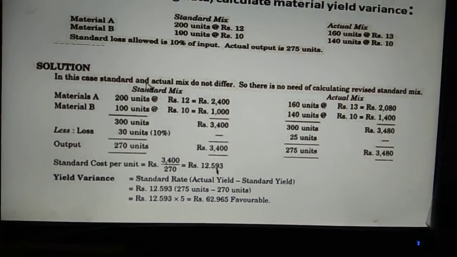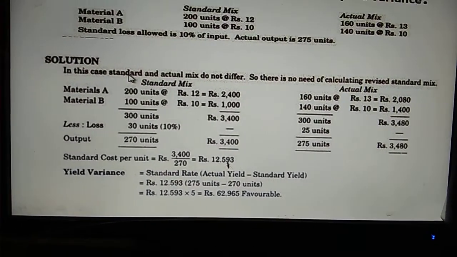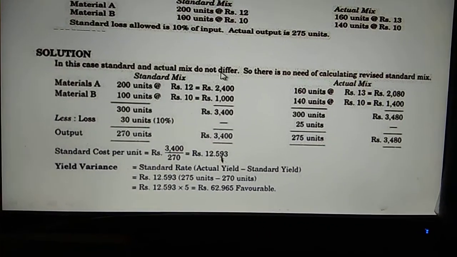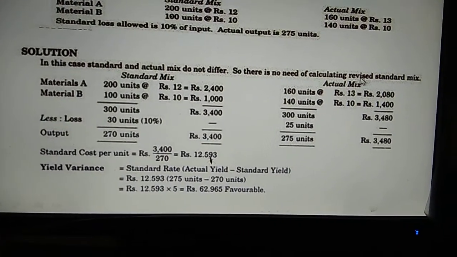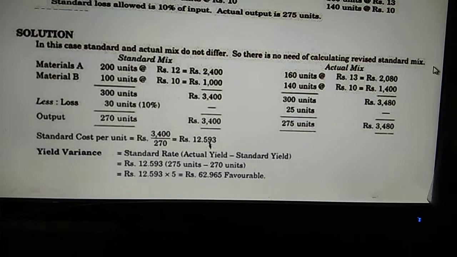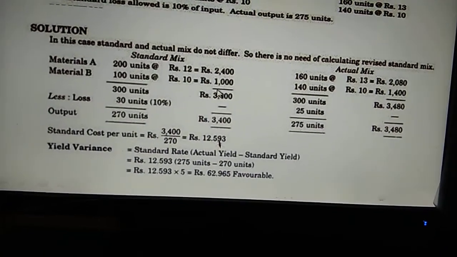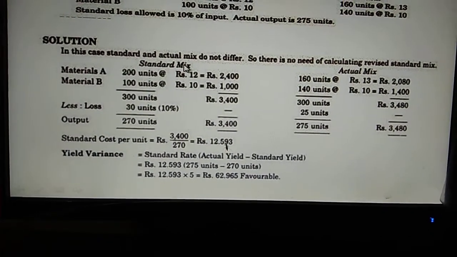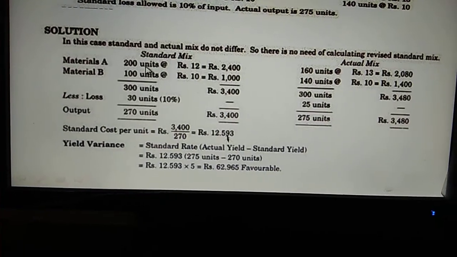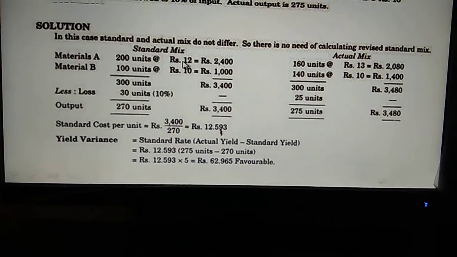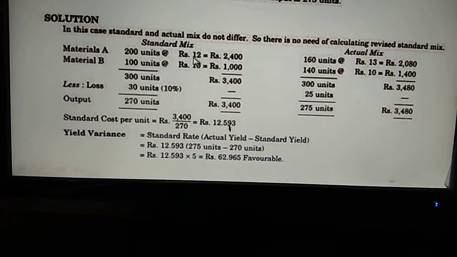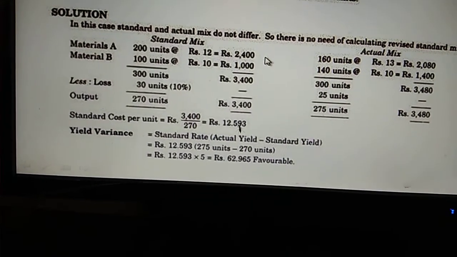In this case, standard and actual mix do not differ, so there is no need for calculating revised standard mix. Both are the same. So we'll see standard mix. Material A, 200 units at rupees 12, so 200 into 12 is 2,400.